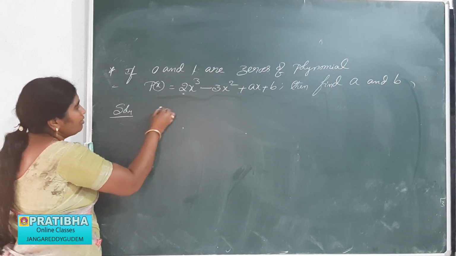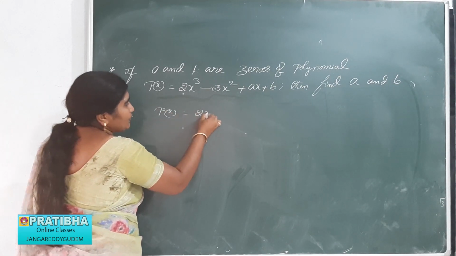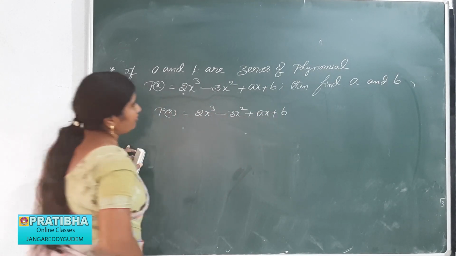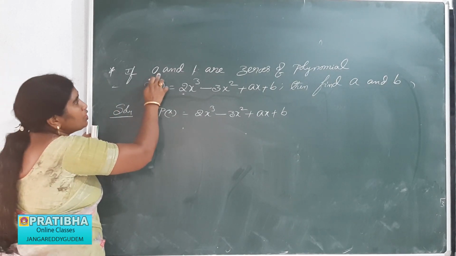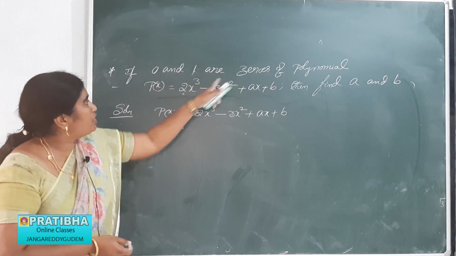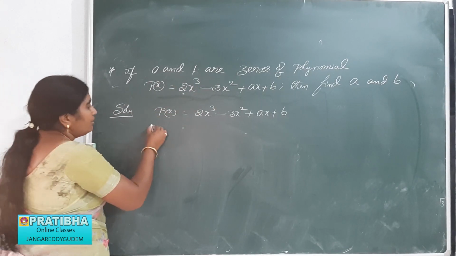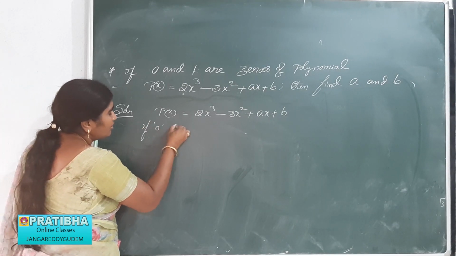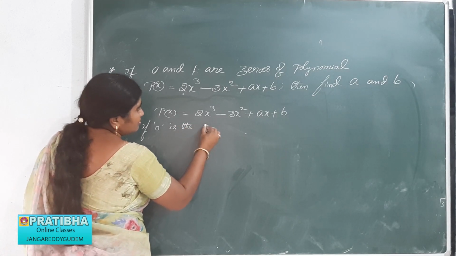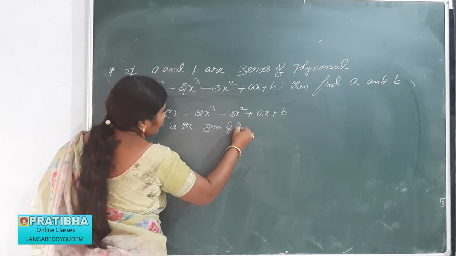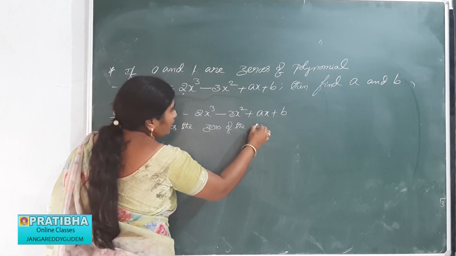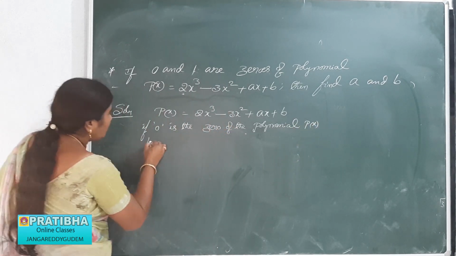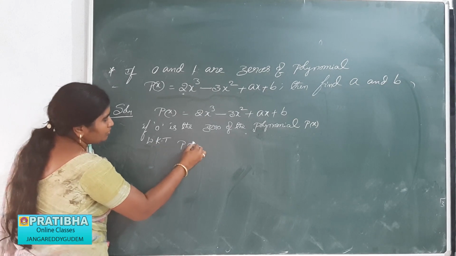Solution. P of x equal to 2x cube minus 3x square plus ax plus b. Given 0 is one of the zeros of the given polynomial. If 0 is the 0 of the polynomial p of x, we know that p of 0 equal to 0.